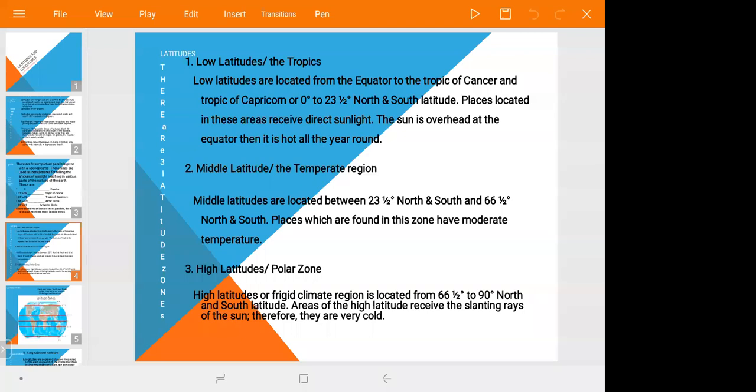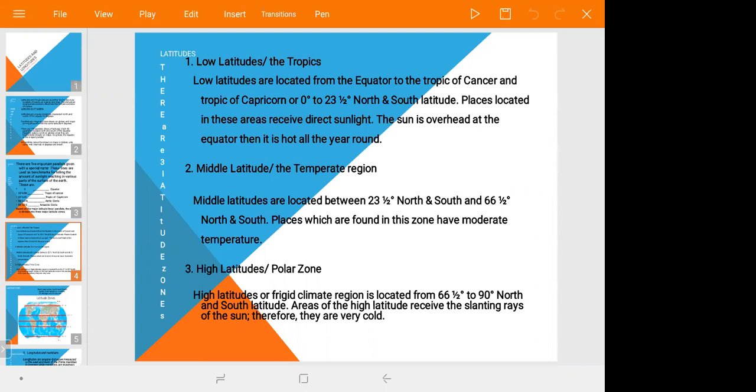The reason is that we divide the world into different climatic zones. So taking these 5 latitudes, we have divided the world into 3 latitude zones, or based on the Greek classification, 3 climatic zones. The first latitude zone, which determines the climate type, is the tropics, the low latitudes.